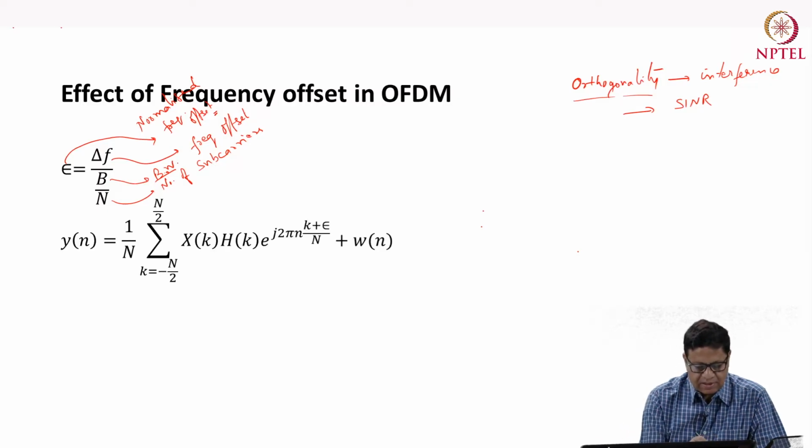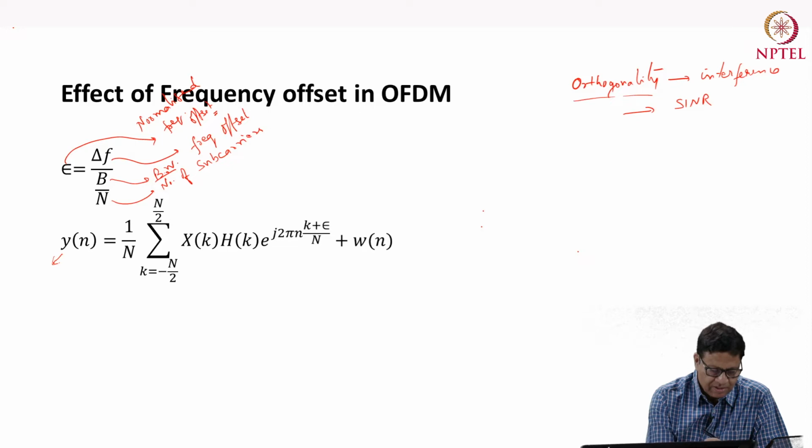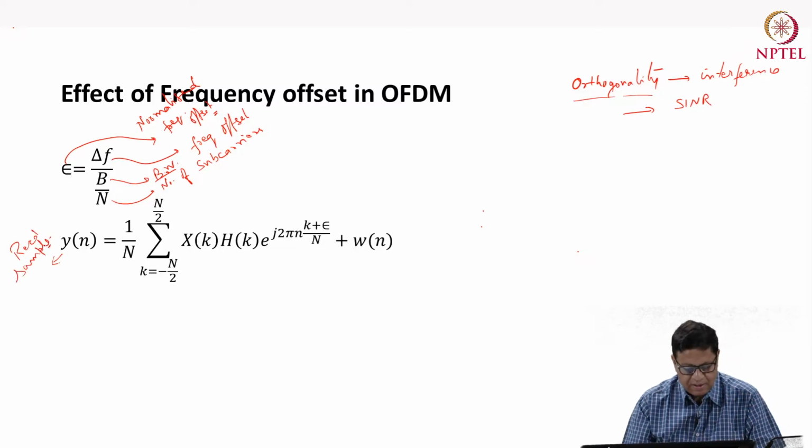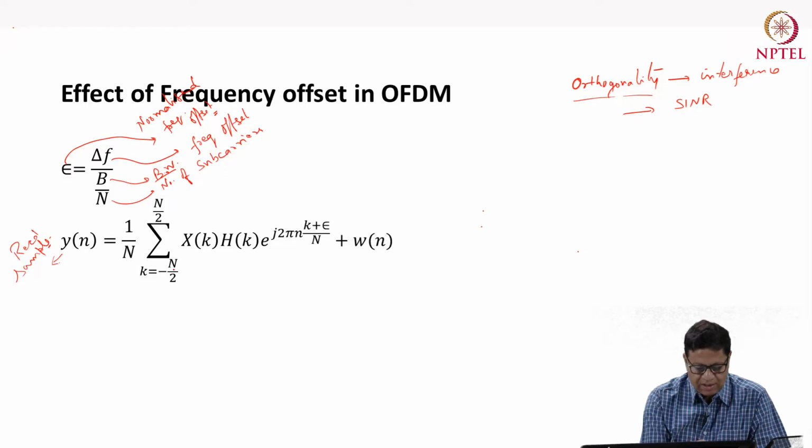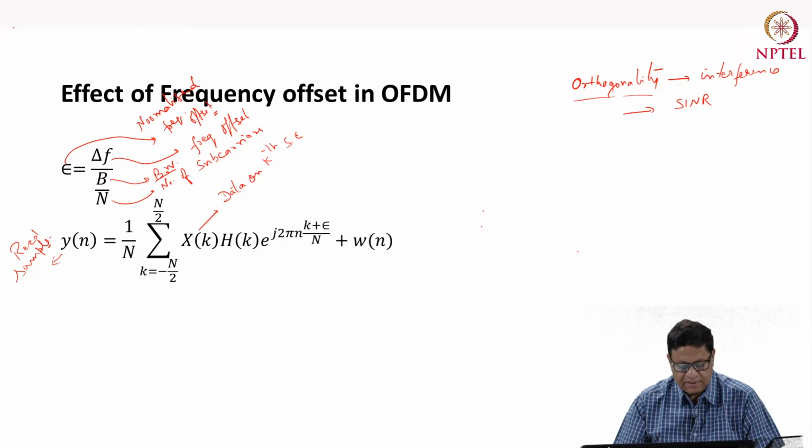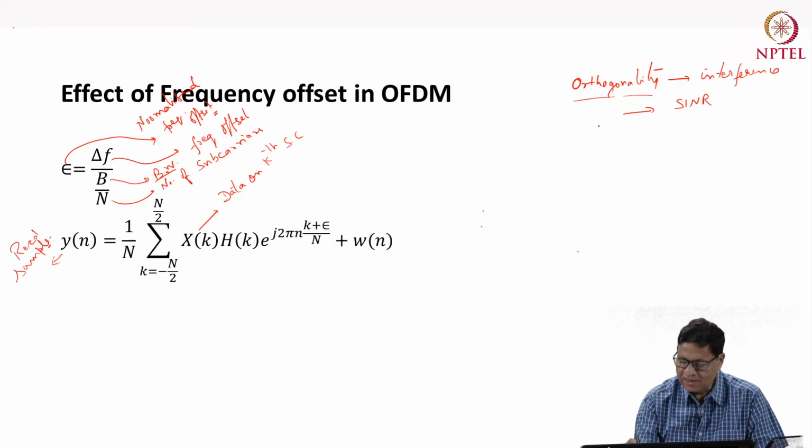So let us consider this particular equation. This is the received sample, and N is, as I told you, the number of subcarriers, and xk is the data on the kth subcarrier, and hk is the corresponding channel coefficient, as we had discussed that OFDM makes the channel into flat fading channels.